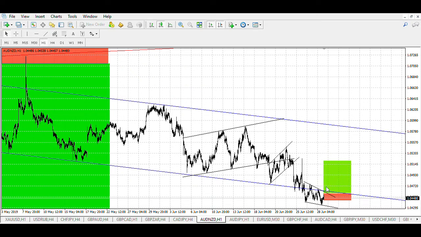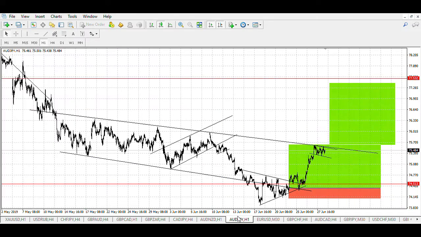If price consolidates over this area, then we can continue to the upside. If it continues to the downside to here, it will be tricky to continue with the price action going to the upside. So we will have to wait for confirmation, but I'm expecting price to move to the upside straight from here.